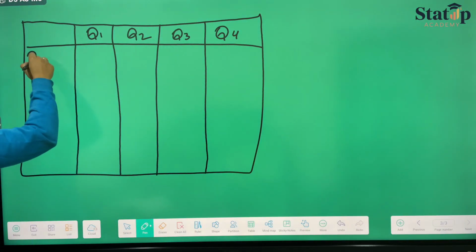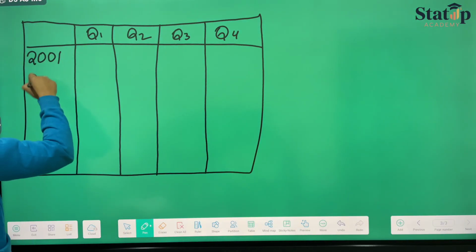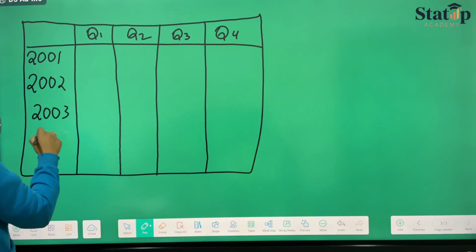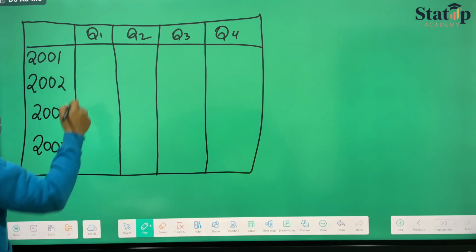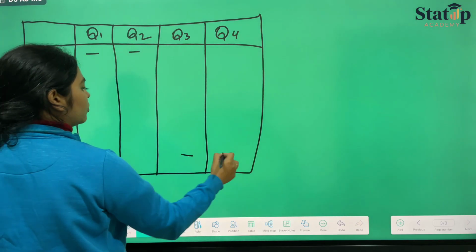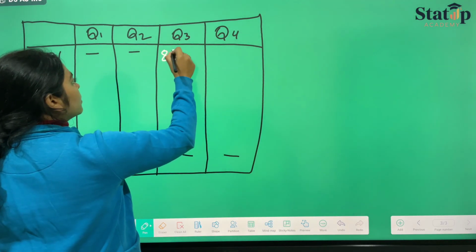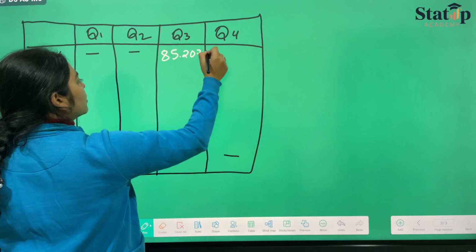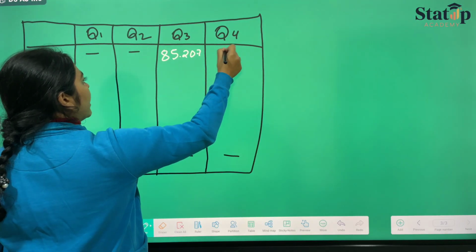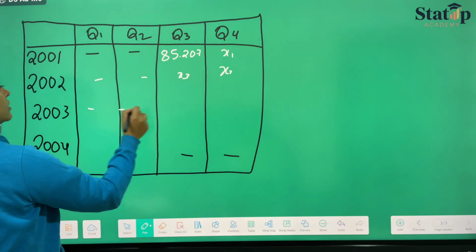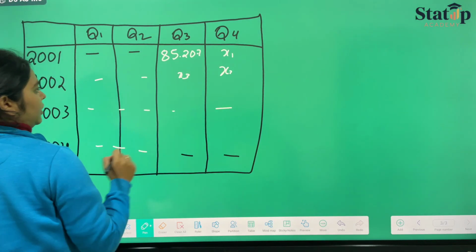And this is for 2001, 2002, 2003, and 2004. So these two values and these two values are not given. So the first value which came out was 85.207, and suppose this is x1, x2, x3, and so on. Some values have been given here.